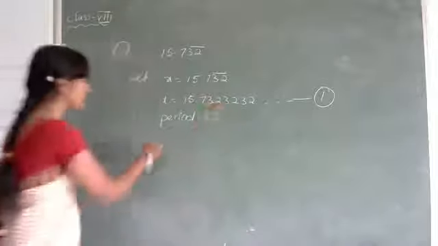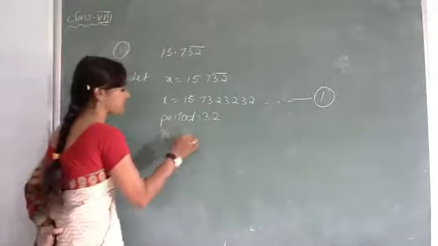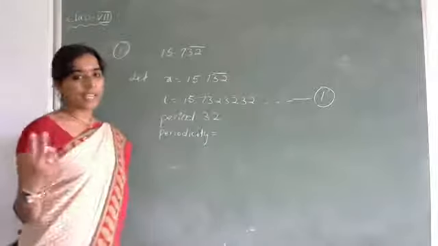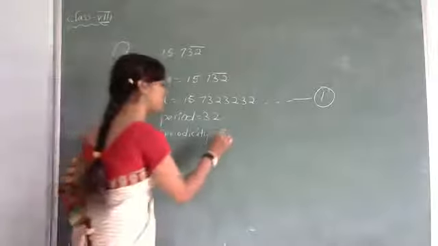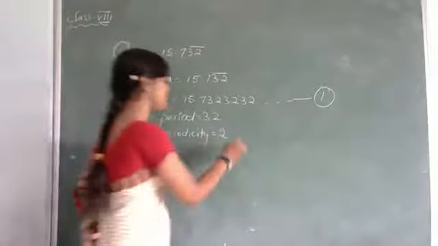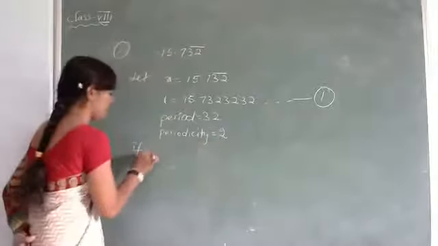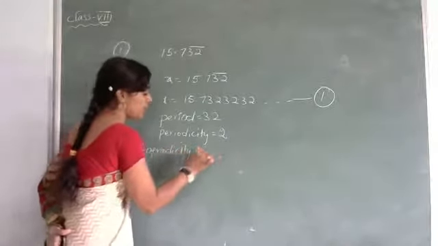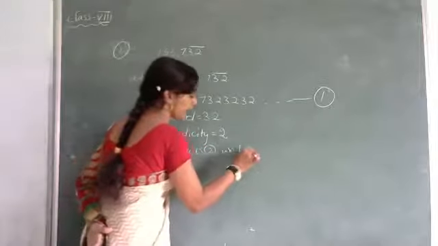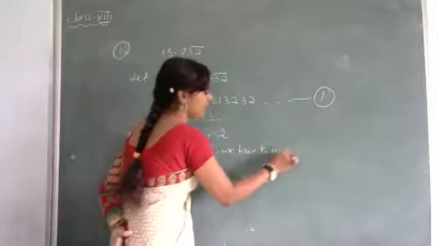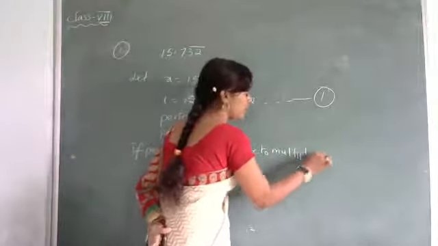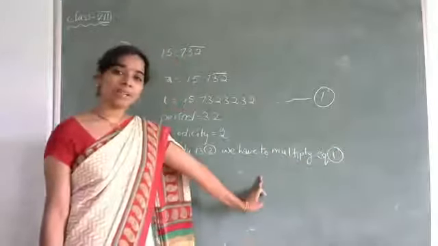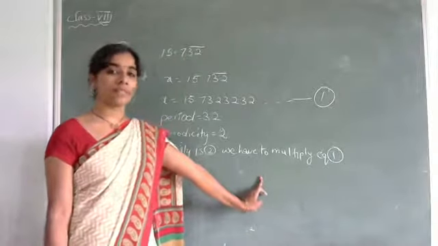Okay. Then what is the periodicity here? How many digits are repeating here? Only 2 digits are repeating. So periodicity is 2. If periodicity is 2, we have to multiply equation 1 with, as I told before, if periodicity is 1, we multiply the equation with 10.